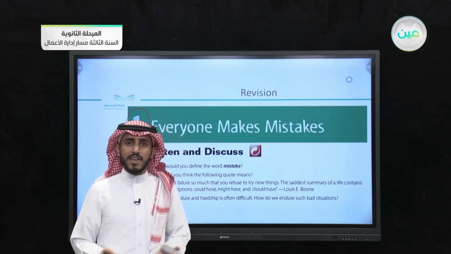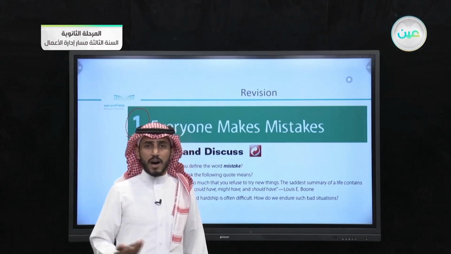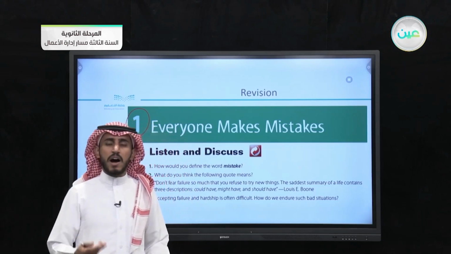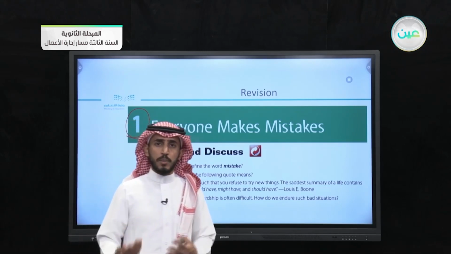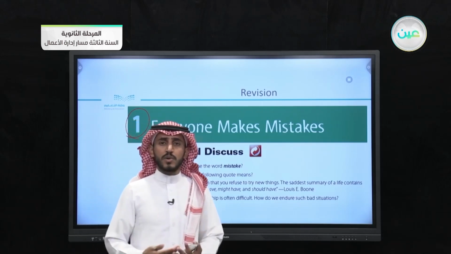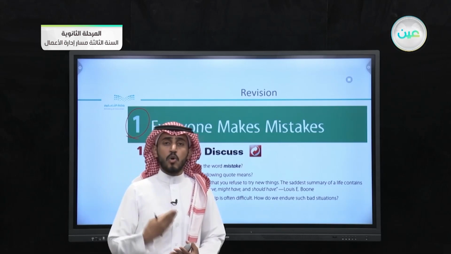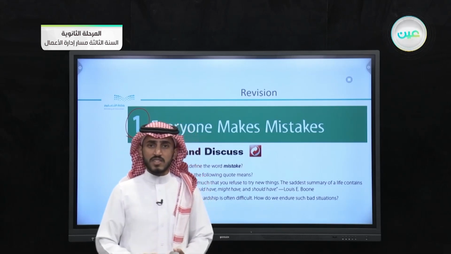So everyone makes mistakes. In this unit, we will read some articles and paragraphs about stories of people, companies, and other things. These stories have people or companies who made huge mistakes in their own businesses.